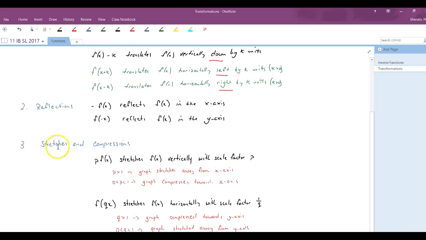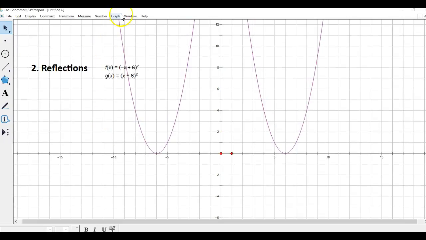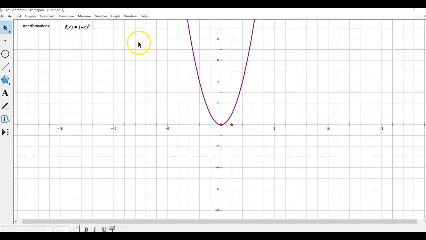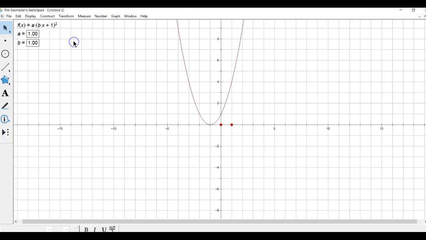Now we're going to have a look at what we call stretches and compressions. So let's go back over here. Now we're going to look at what happens when you take a function.